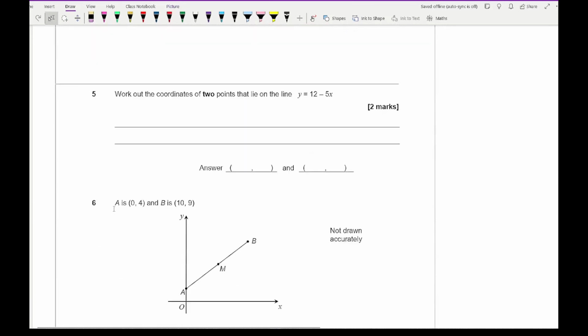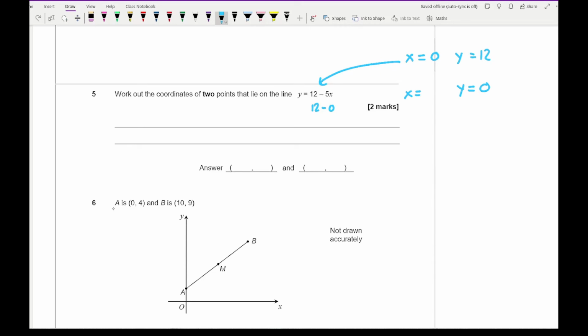Moving on to question 5, it says work out the coordinates of 2 points that lie on the line y equals 12 minus 5x. Now, to work out any 2 coordinates of a line, the best option for you to do is to go for x equals 0 and y equals 0. So for this, let's start by doing x equals 0. So if I do x equals 0, I end up with 12 minus 0, which is 12.